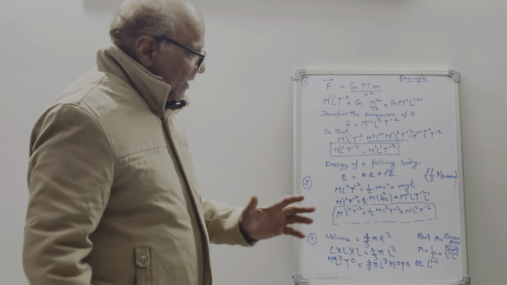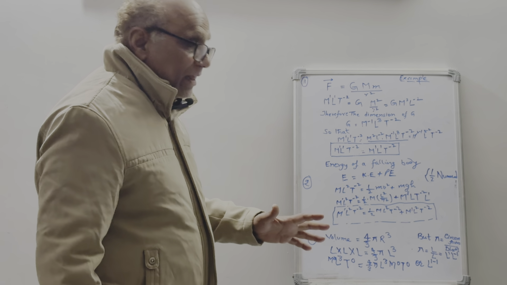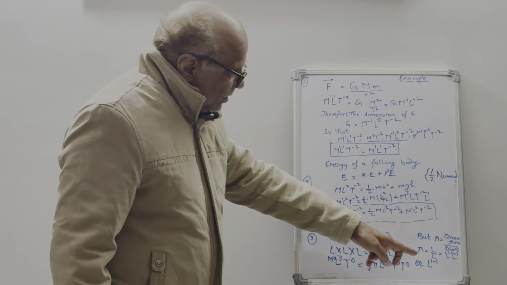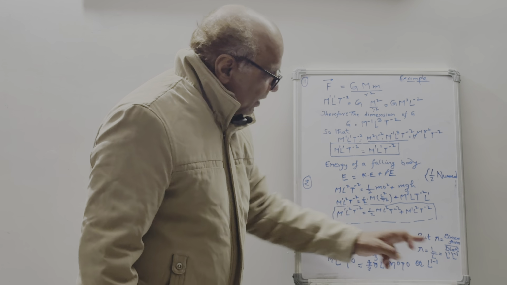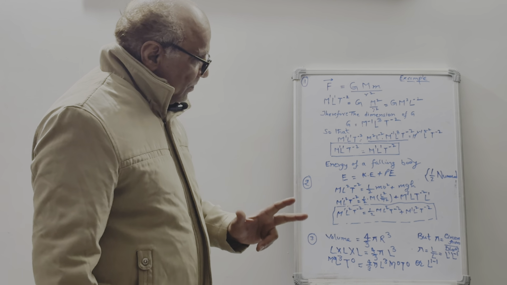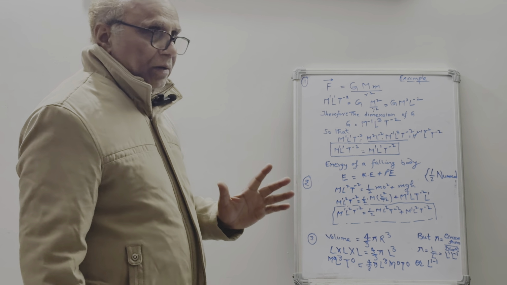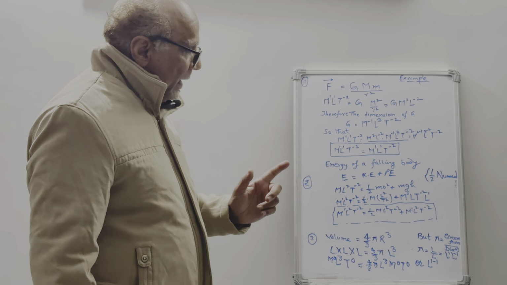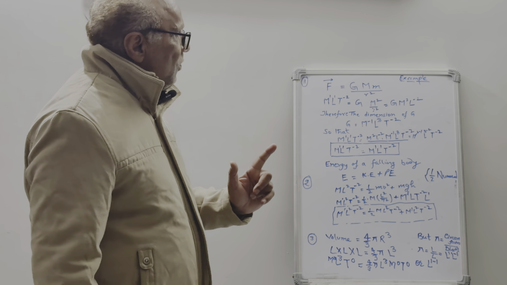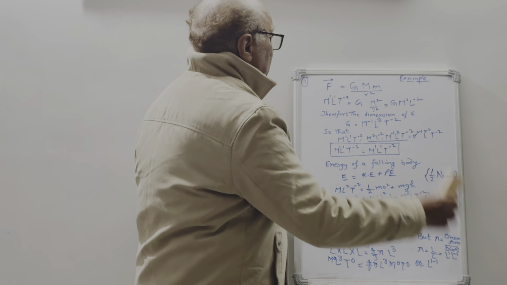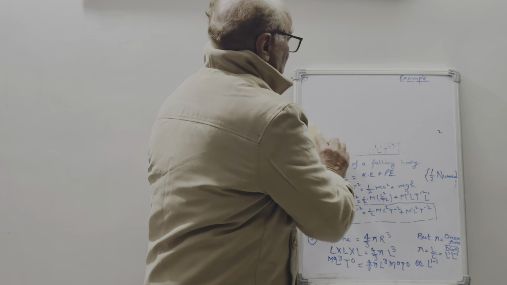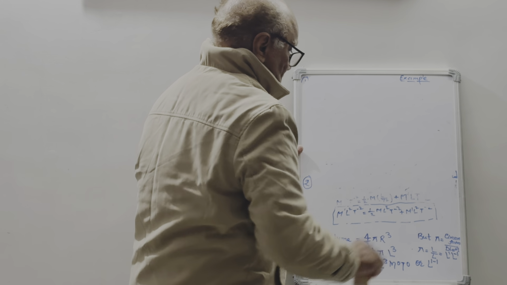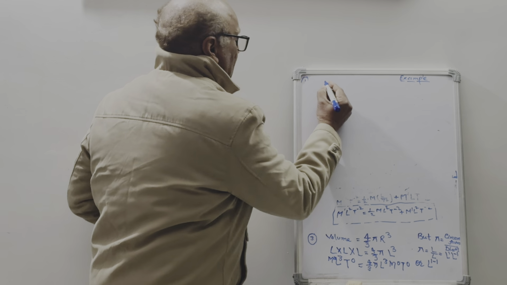Pi is circumference upon diameter, that is length upon length. So what we get is L1 minus 1, that is L0. But pi is not a number. We must keep it always in mind that there are three kinds of constants. One is numeral.